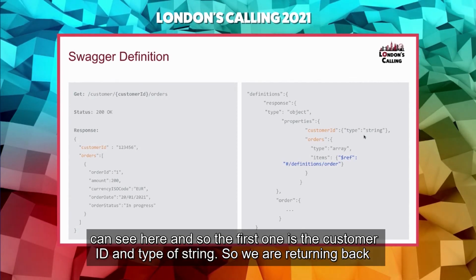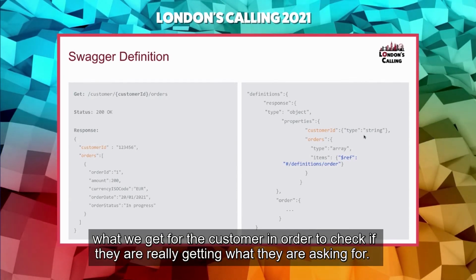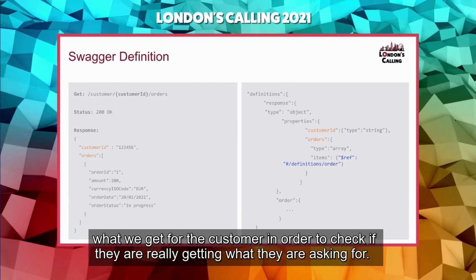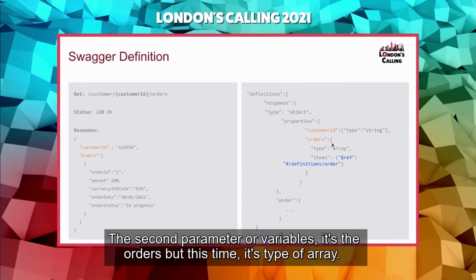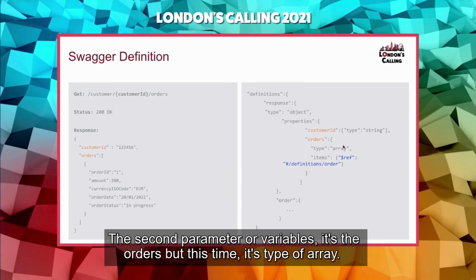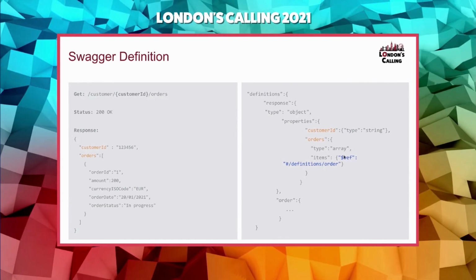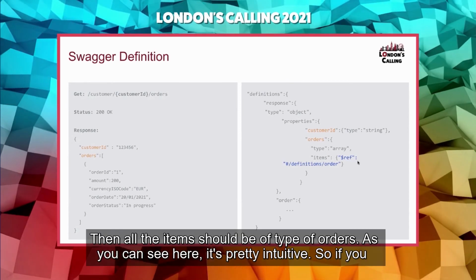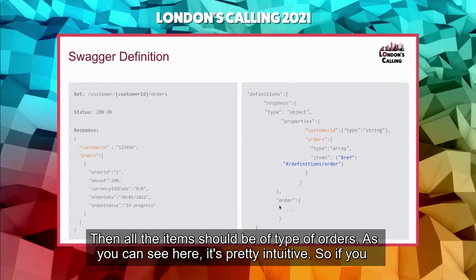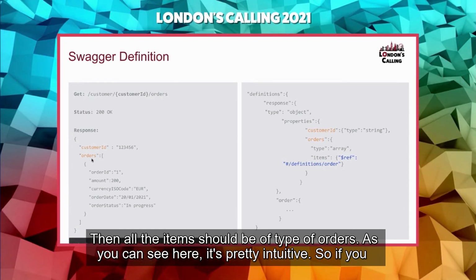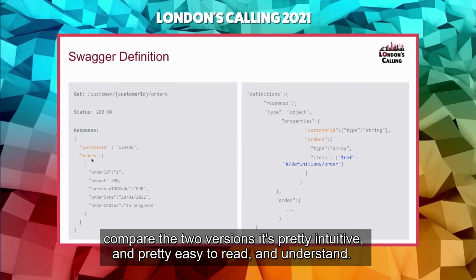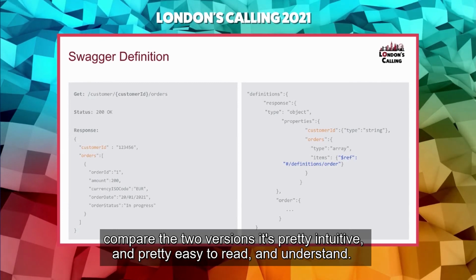We're returning what we got for the customer in order to check that they are really getting what they are asking for. The second parameter is orders, but this time it's of type array, and all the items should be of type orders. As you can see, it's pretty intuitive. If you compare the two versions, it's pretty easy to read and understand.